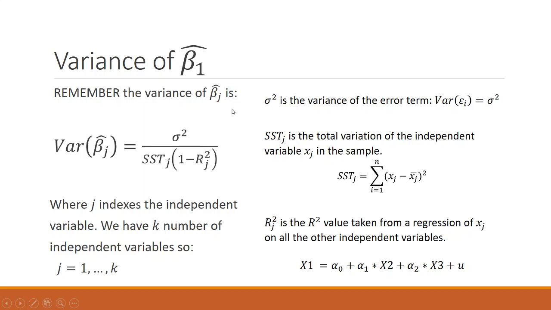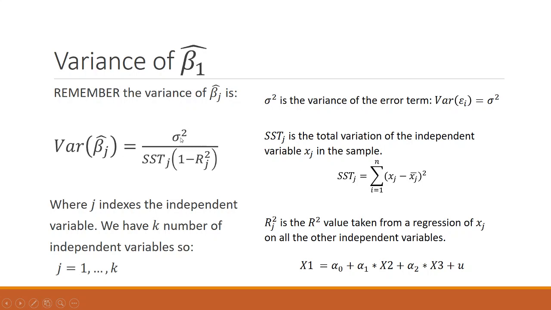What I want to highlight here is that when we're calculating the variance of our coefficient estimate, beta 1 hat or beta j hat, that variance is a function of the variance of the error term. Sigma squared is the variance of the error term.